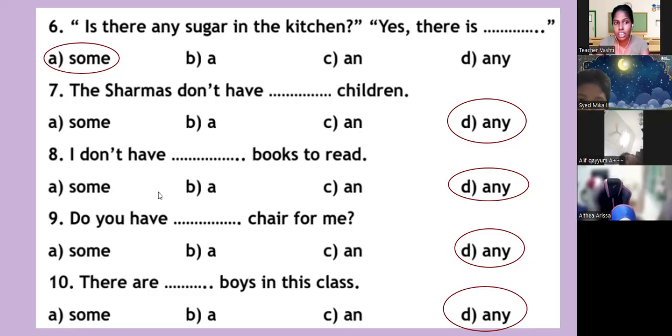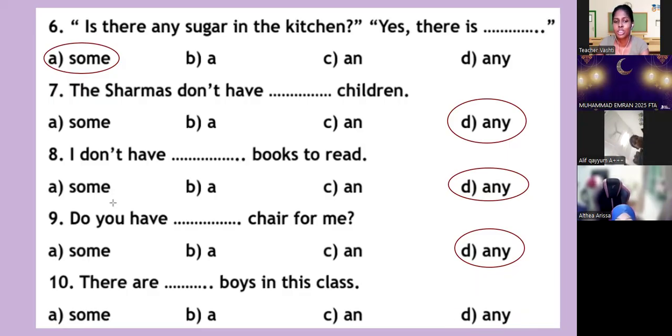Eddie, mana ada negative word? Good. No negative word. So what must you use? There are some. Kenapa pula tak guna one? Cuma ada satu je. Banyak. Sebab more than one. Because why? Very good. Very good.